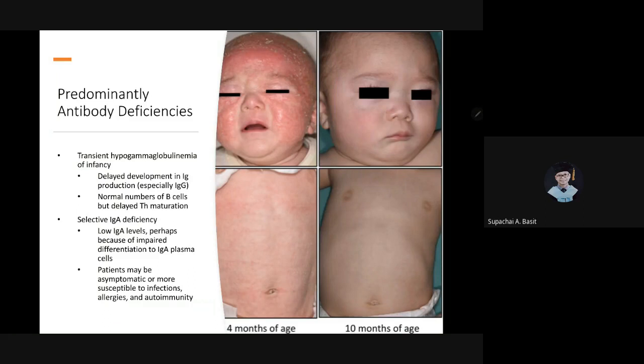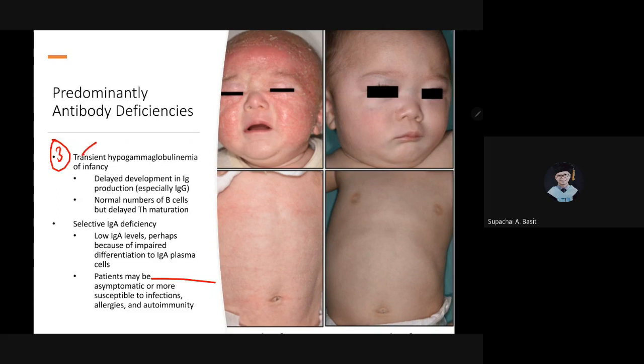And then we also have another one. Okay, so we have the predominantly antibody deficiencies. This is another example, number 3. By the way, these are our third disorder. We have the transient hypogammaglobulinemia. So the word transient means temporary.